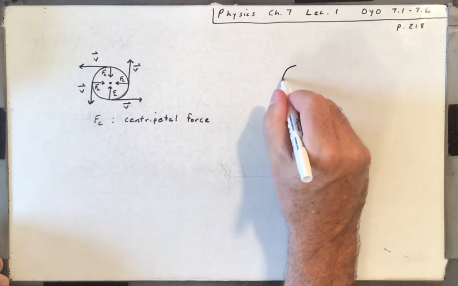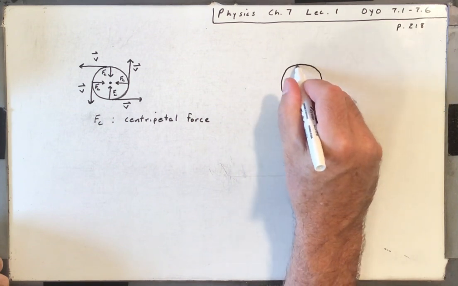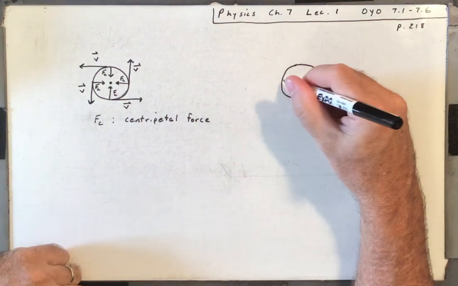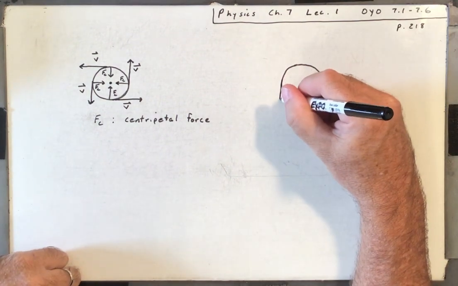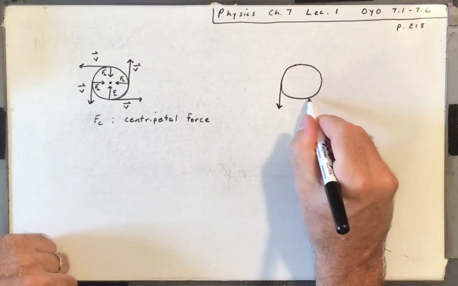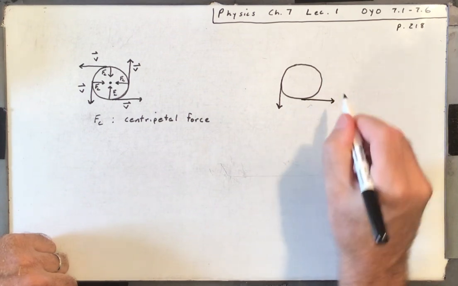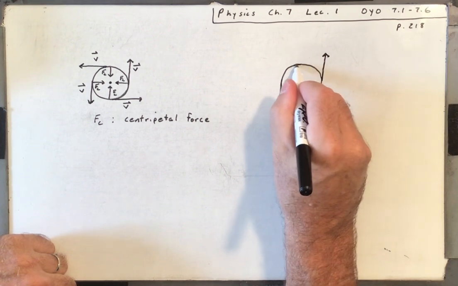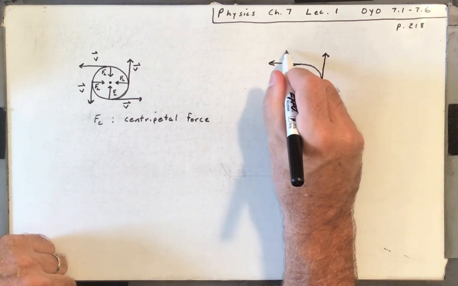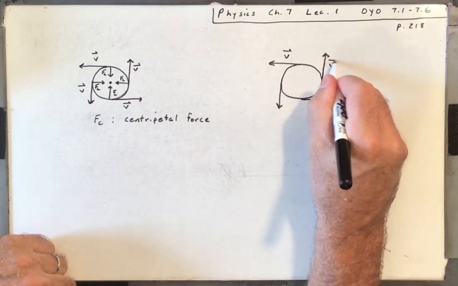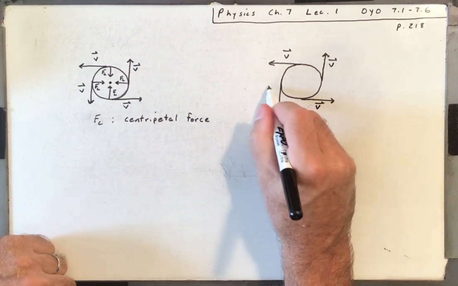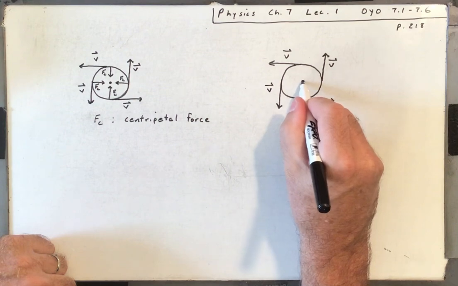Now next to that you have a very similar diagram. Again, let's say we've got keys being spun around in a circle on a lanyard. I'm going to draw those 4 velocity vectors again. Now there's more than 4, there's an infinite number, I just don't have space to put an infinite number in. And here's the radius.